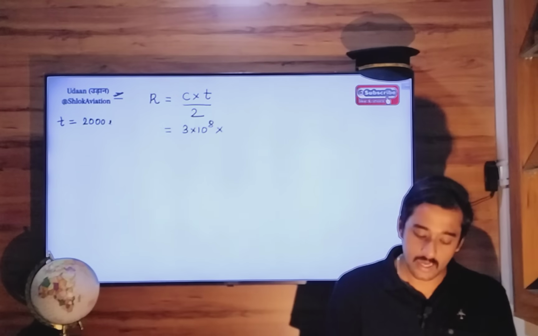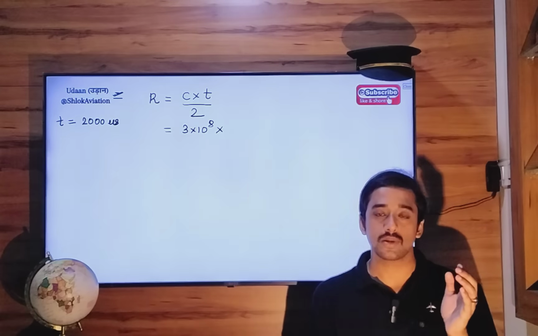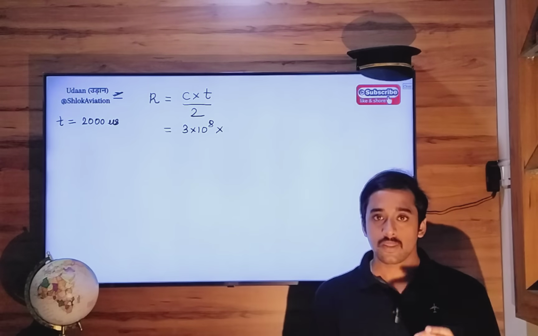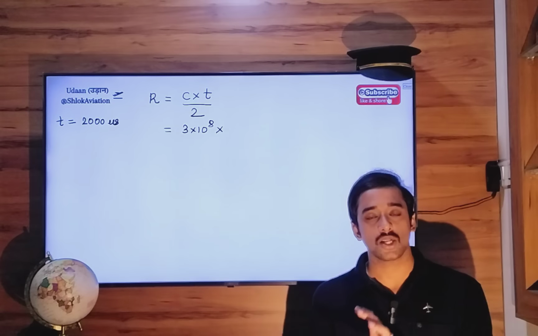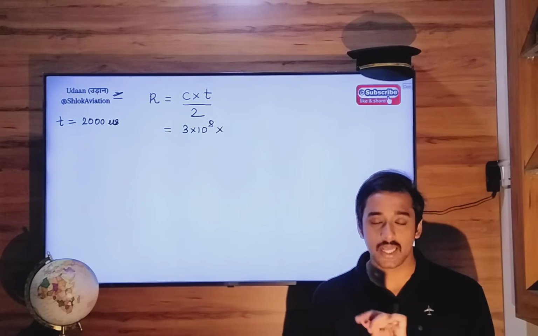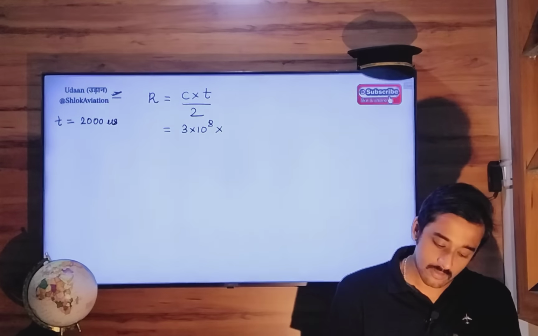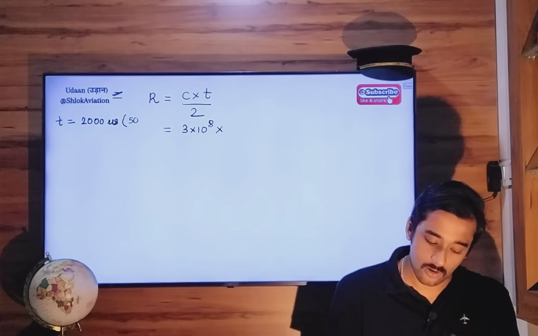Now if you know the DME theory very well, you will know that when the aircraft interrogator transmits interrogation pulses, the ground station is going to accept those pulses, wait for 50 microseconds and then retransmit the pulses towards the aircraft. So this 2000 microseconds is inclusive of 50 microseconds.